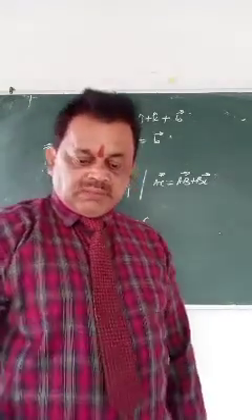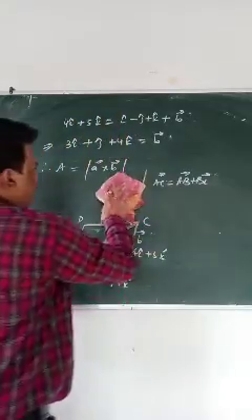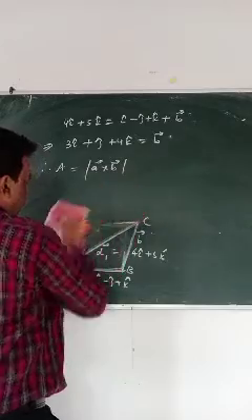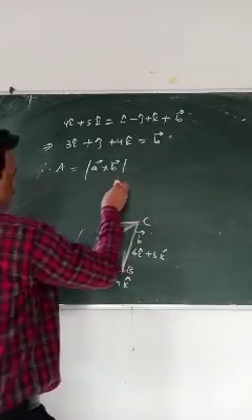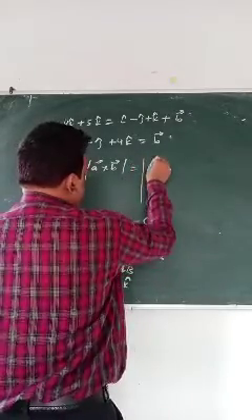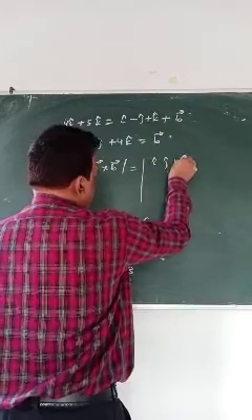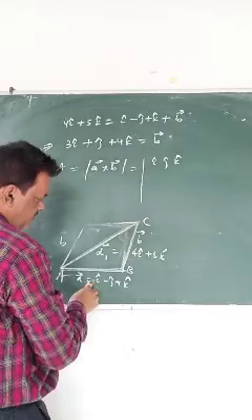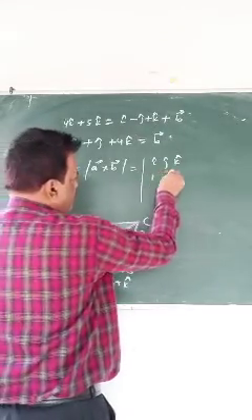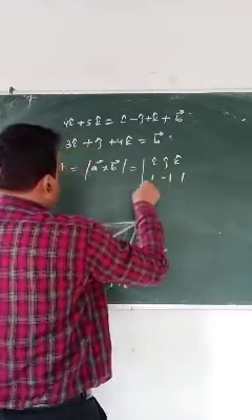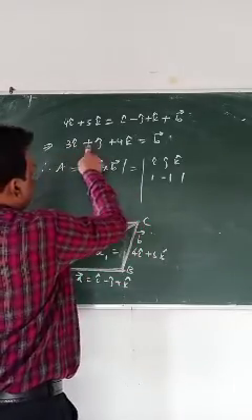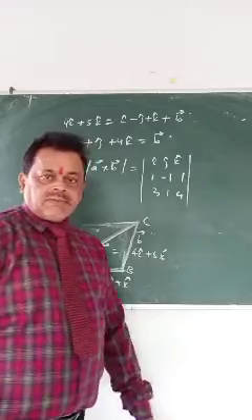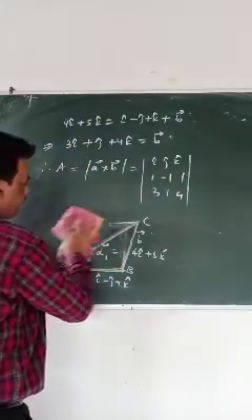Okay, determinant form, find out. This is how to find. I, J, K, A vector components 1, minus 1, 1. B vector components 3, 1, 4. You have to find out how much you get.